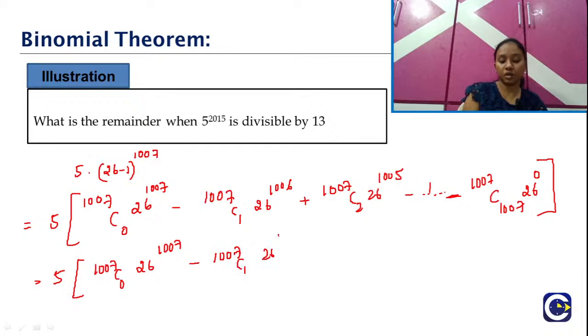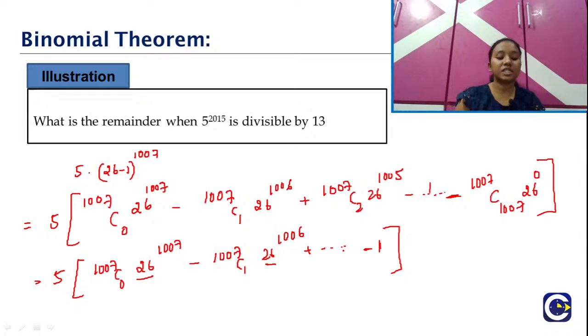Now how can we take common here? We have to take 13 common. Here we are having 26, here we are having 26, and in the next term we will be having 26. 26 is nothing but a multiple of 13. So if we take 26 out, then that 26 can be written as 13 into 2.